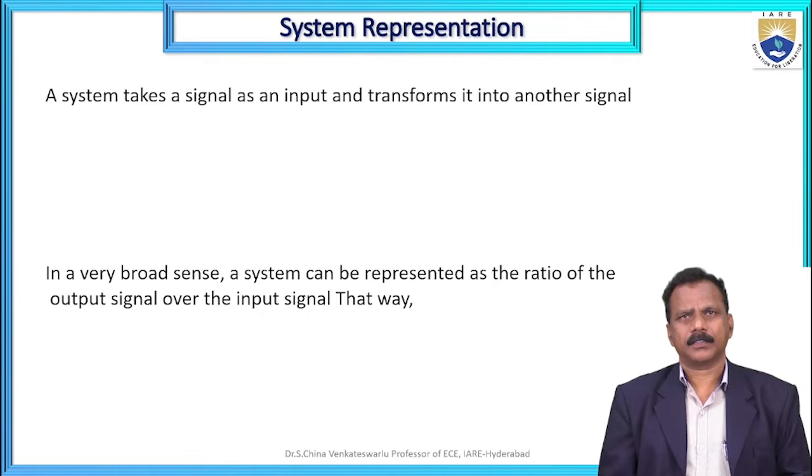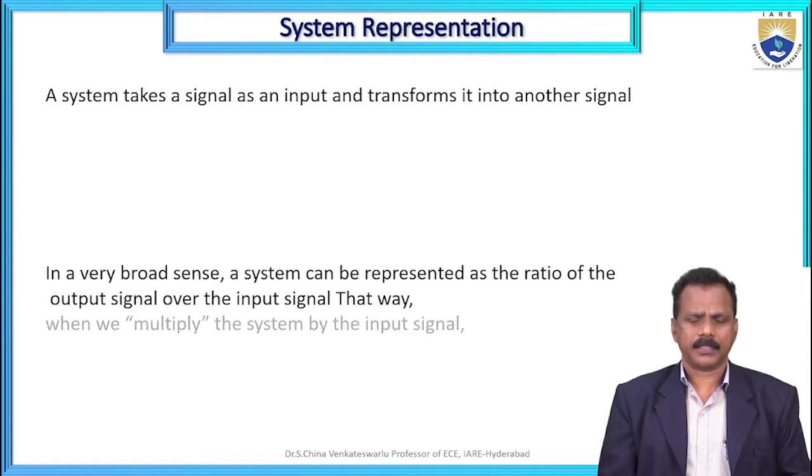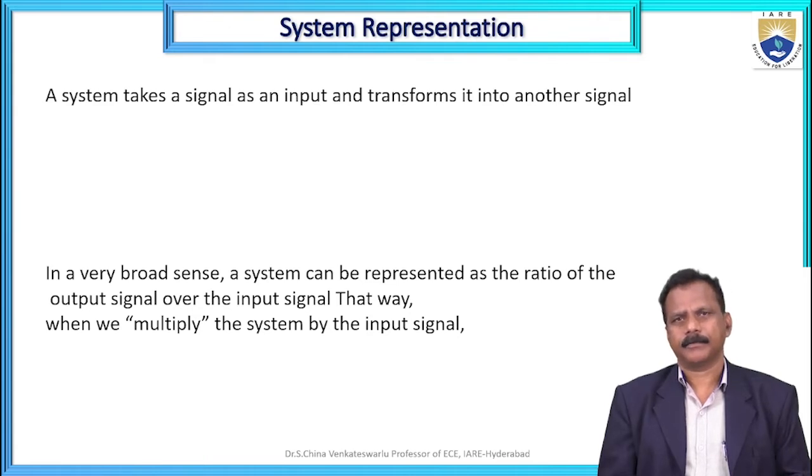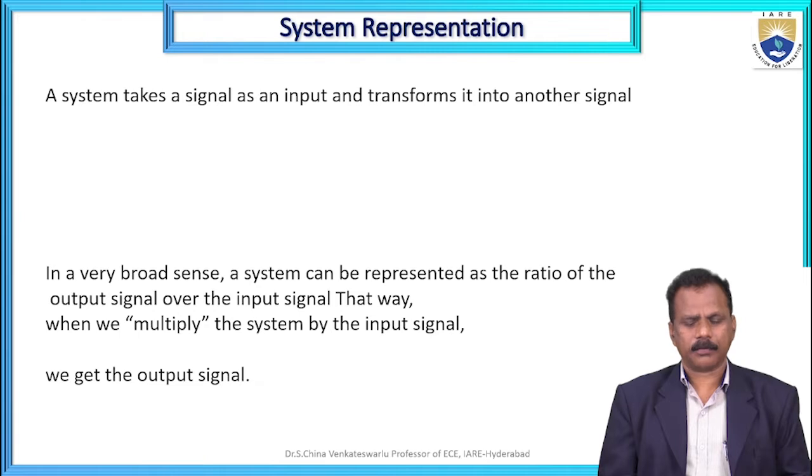So when we multiply this system by the input signal, we get the output signal, which may be the expected output signal, or maybe an error, or a different unknown response.